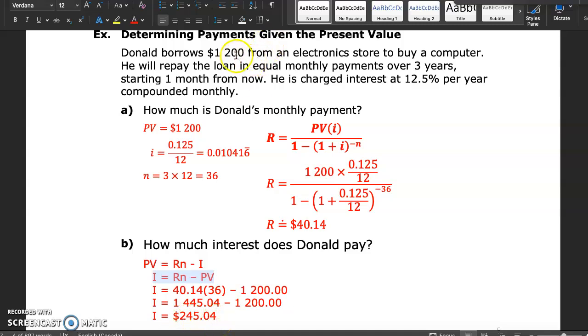So this is the deal: $1,200 is given to you today, and if you pay it over 3 years, you'll pay the amount that you owe plus interest. For $245.04, you can have this item, the computer, now, as long as you pay interest.